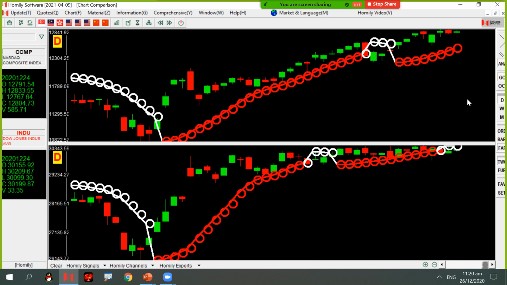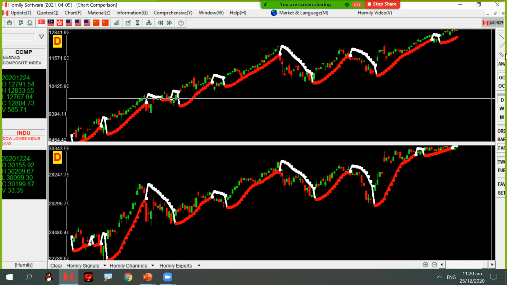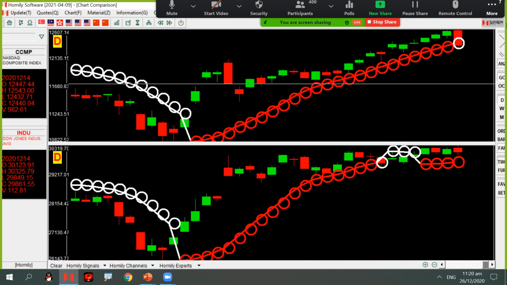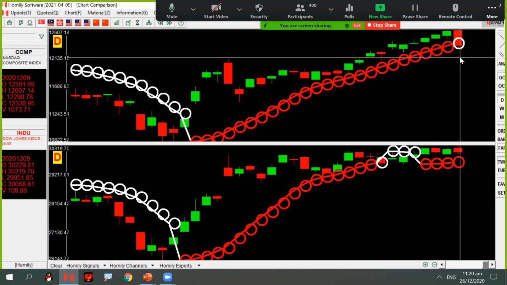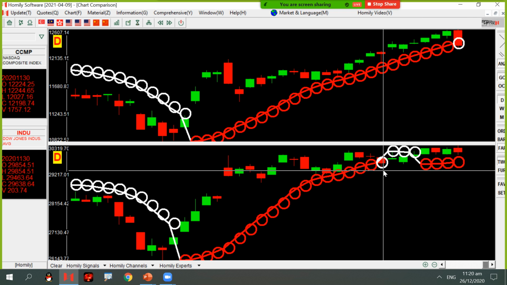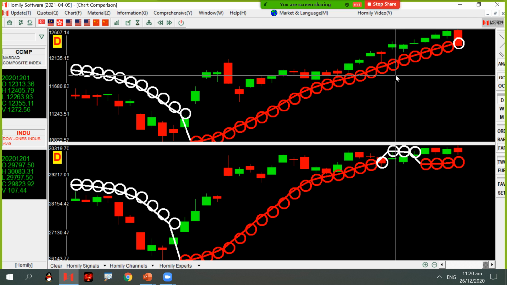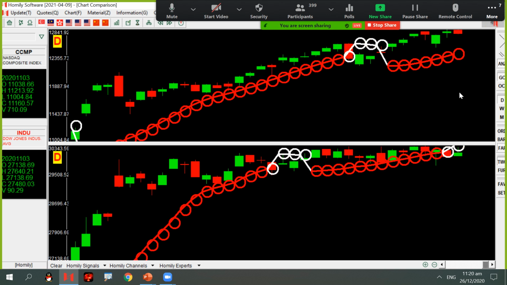Like this time, I find the chart all the way change, and I gave the alert to my member because the Nasdaq turned white, but the Dow Jones Industrial Average also red. No need to sell. In this area, the Dow Jones turned white, but Nasdaq also strong. So no need to sell. Then you see, again.